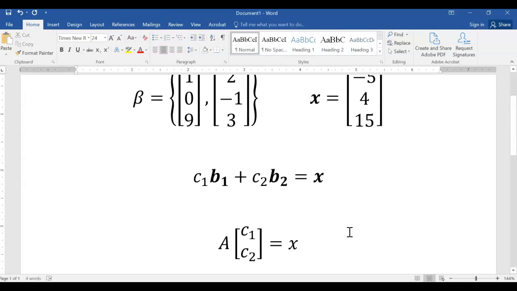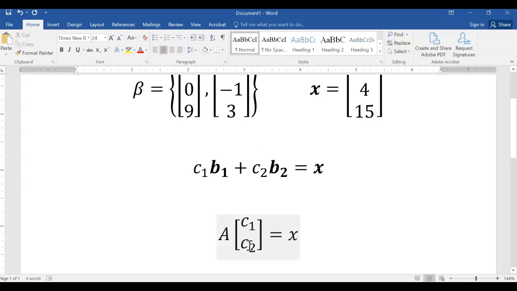The quick way to do that is to create a matrix equation where our matrix, I can write that as B for basis element matrix, times c1, c2 has to give me my vector x. And so if I can solve that equation, then we're good to go.